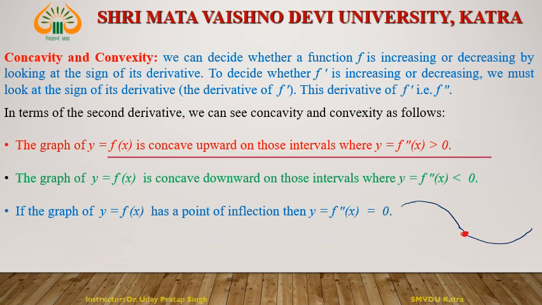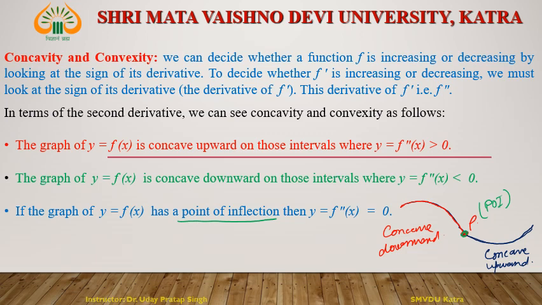Okay, this is the point P. This portion is concave downward, okay, and this one is concave upward, and this point P, from where the position is changing from concave downward to concave upward, or vice versa, concave upward to concave downward, this type of point is known as POI, point of inflection, right? This is the point of inflection.